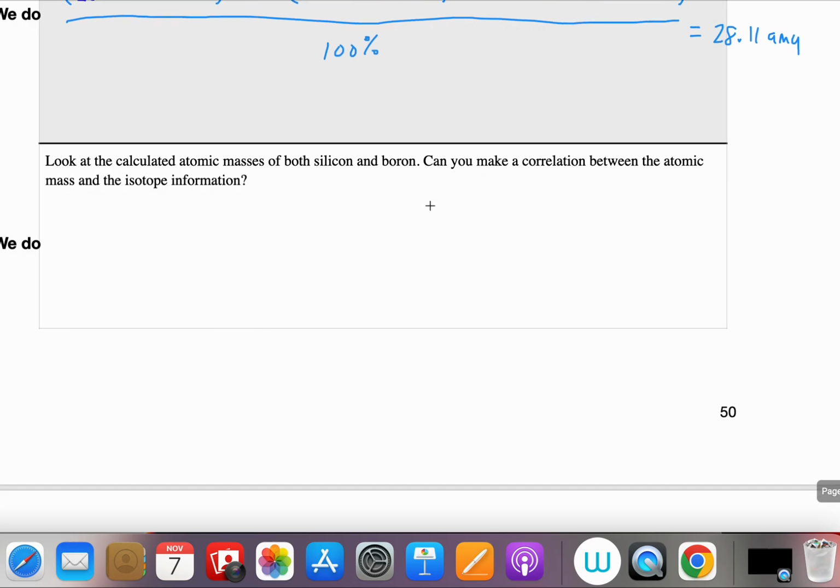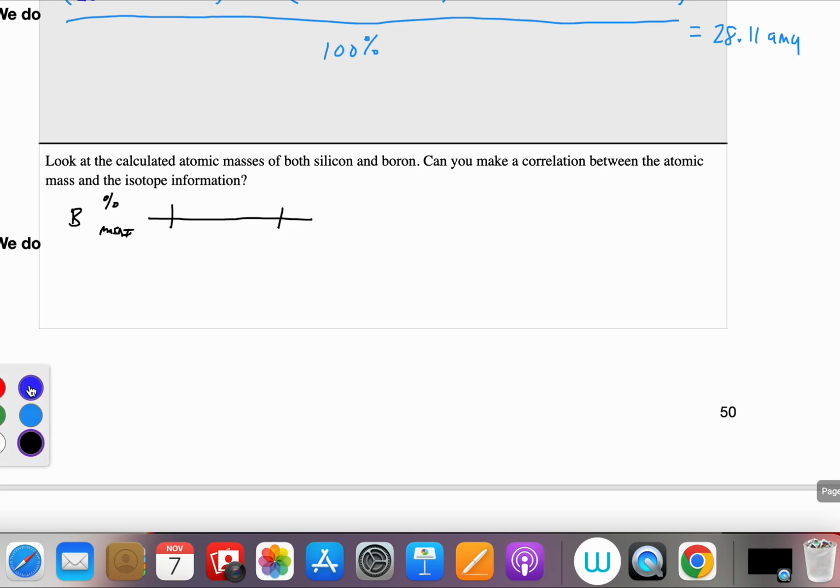Now, can you make a correlation between the average mass that you see on the periodic table and the isotopic information? Let's take a look at boron. Boron has 2 known isotopes. On the number line, this is the mass number, and up here I'm going to put the percent.